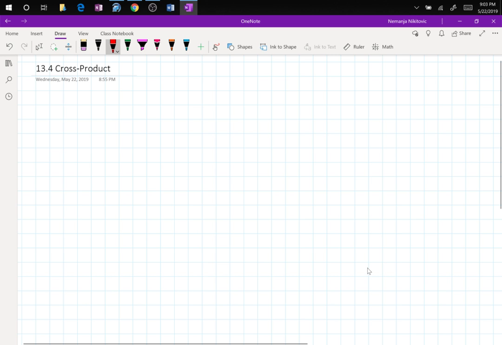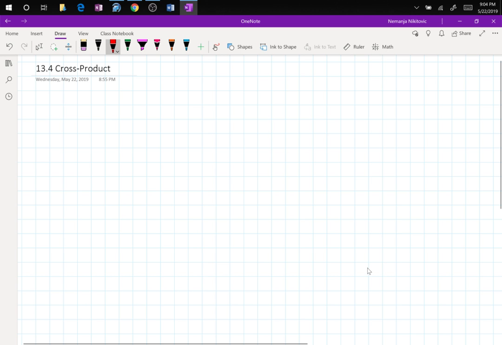Before we calculate anything, I have to say that the cross product works only for certain dimensions. It works for 3D, and then 7D, and there are certain dimensions that support cross product and a lot of others do not.